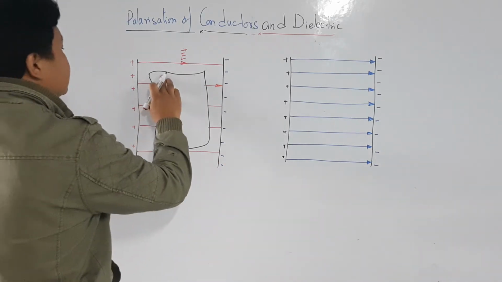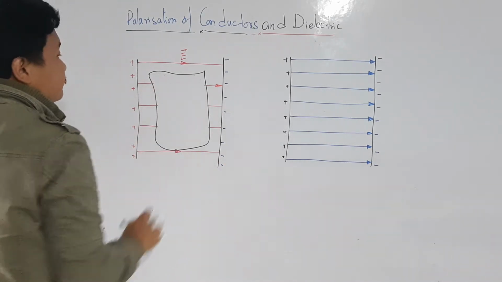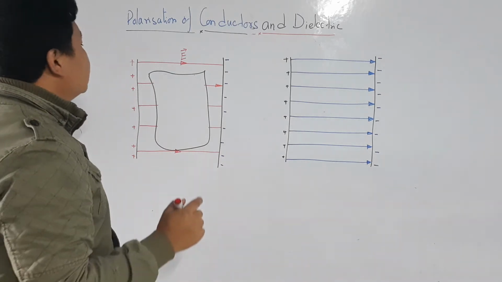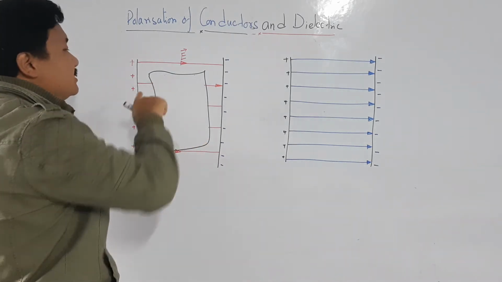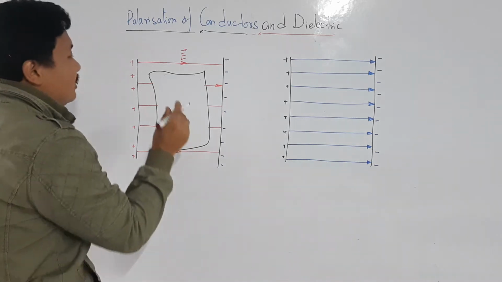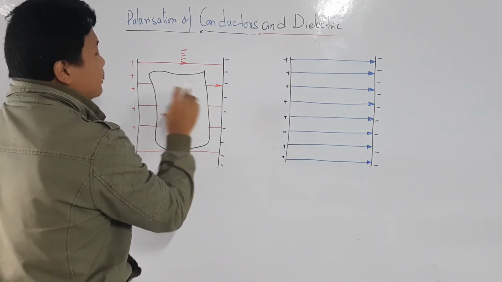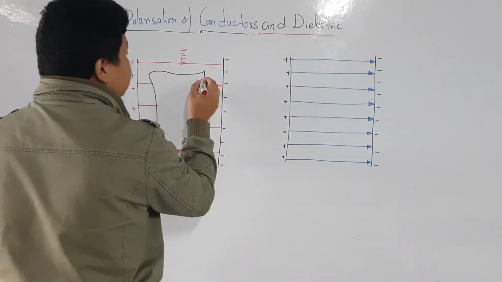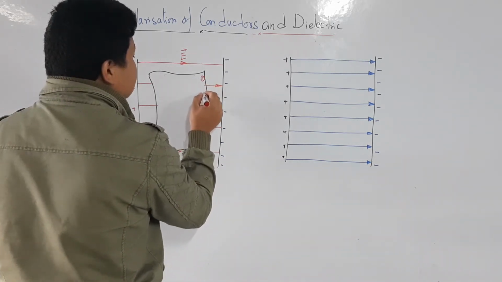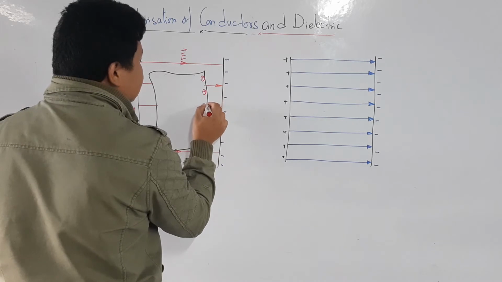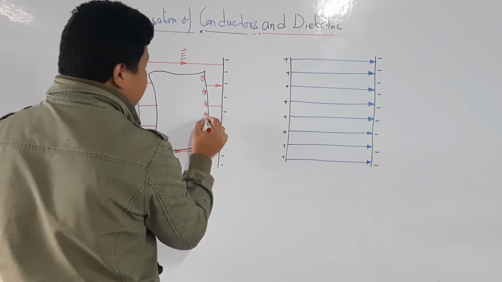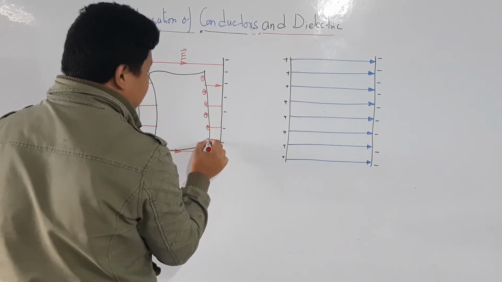Whenever there are free charges, there will be positive charges and negative charges. So all the negative and positive charges are there. All the positive charges will sit here, because positive charges go in the direction of the electric field, isn't it?